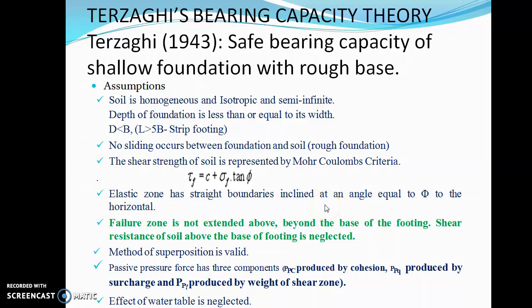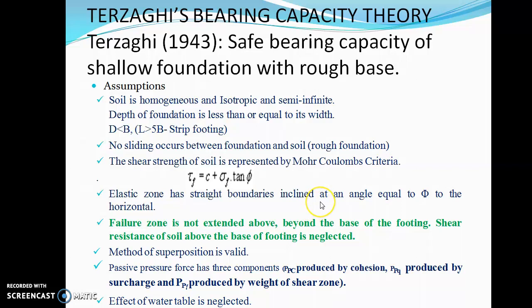When we add them all together, we assume that all these three things will simultaneously act and that failure plane is common, and that itself can be a little bit of a question. Because of this assumption of superposition, we are likely to get much higher values of ultimate bearing capacity as compared to those which we would have otherwise obtained if we had considered each of these factors independently.